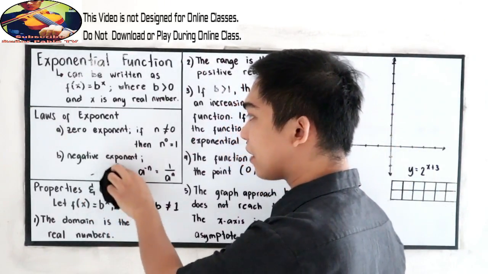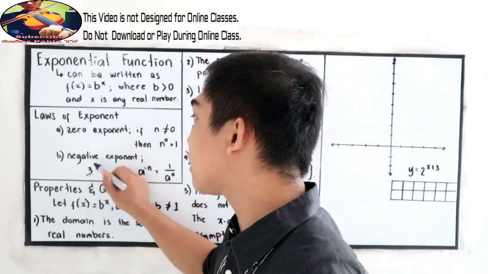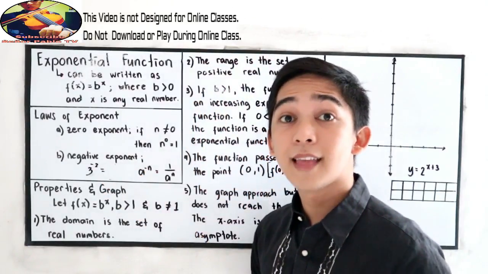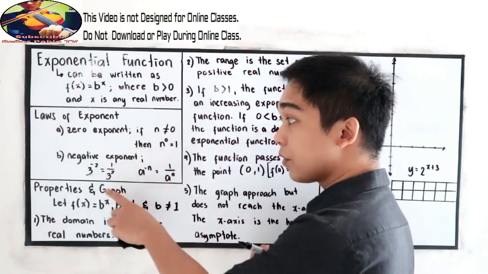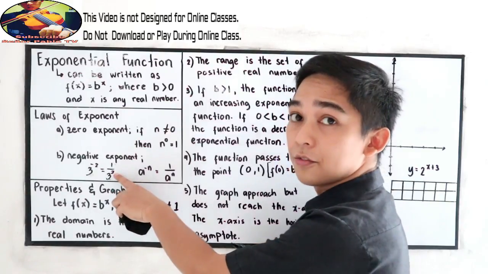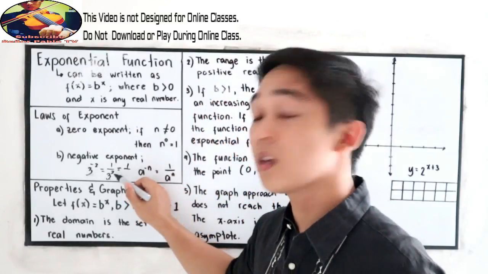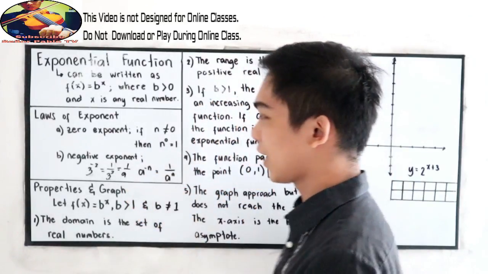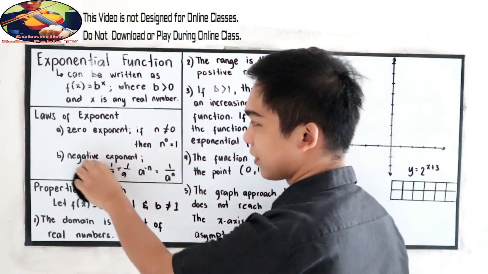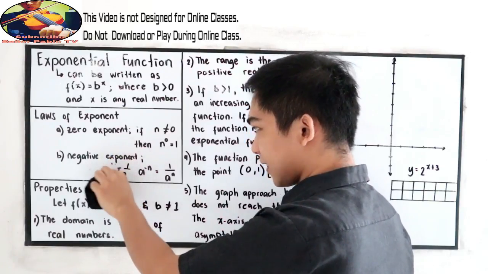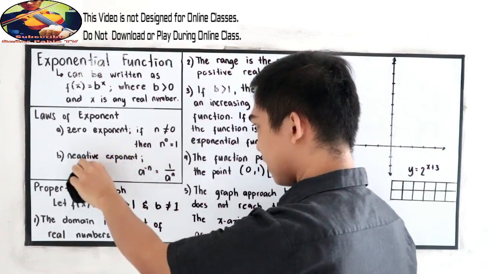Other example, if we have 3^(-2), that is equal to 1 over 3^2, the negative sign will become positive. Simplify, 3^2 is 9, so 3^(-2) is equal to 1/9. That is our laws of exponent.